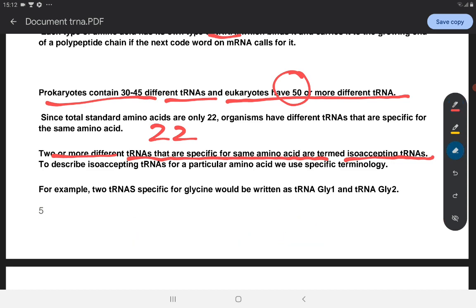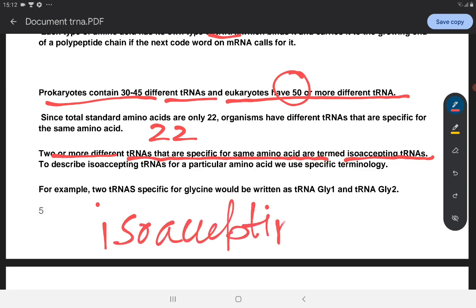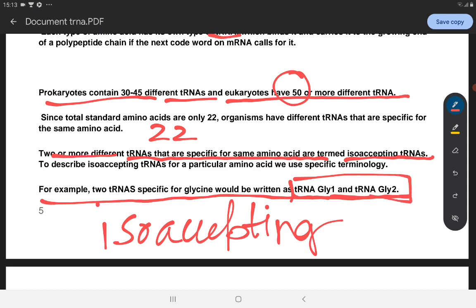These are known as iso-accepting tRNAs. Now, for example, two tRNAs specific for glycine could be written as tRNA glycine 1 and tRNA glycine 2 because both tRNAs are different and yet they are specific for the same amino acid glycine.